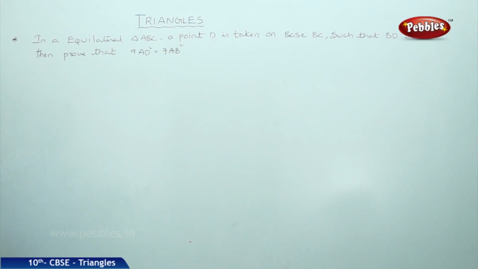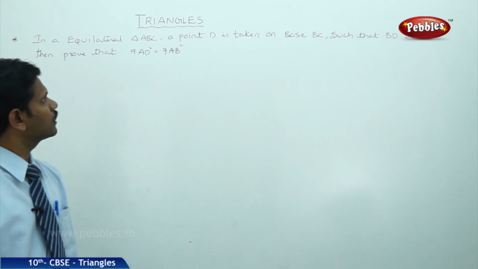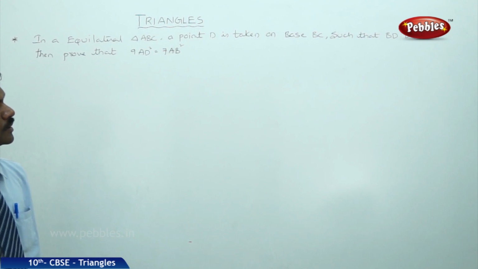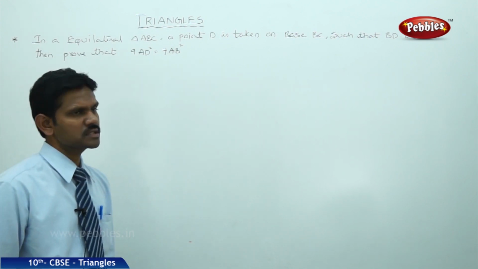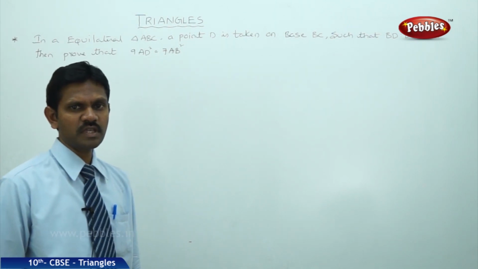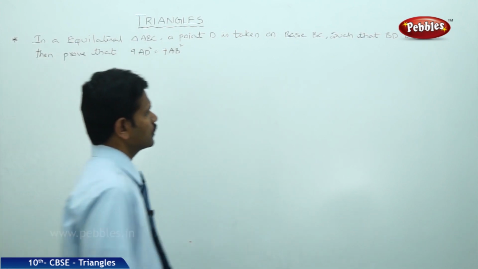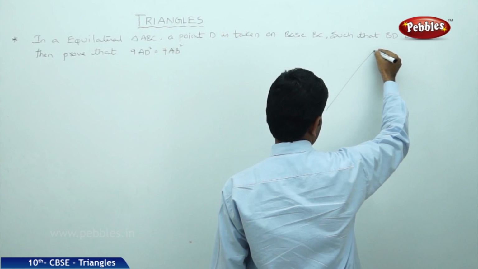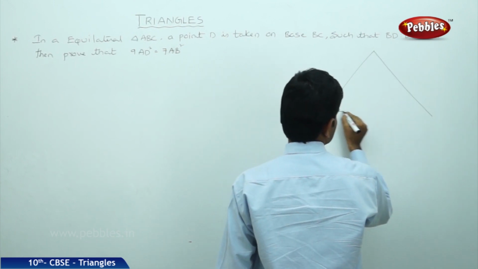In an equilateral triangle ABC, a point D is taken on BC such that BD is to DC is equal to 2:1. Then prove that 9AD square is equal to 7AB square. Now let us see. Consider an equilateral triangle ABC.